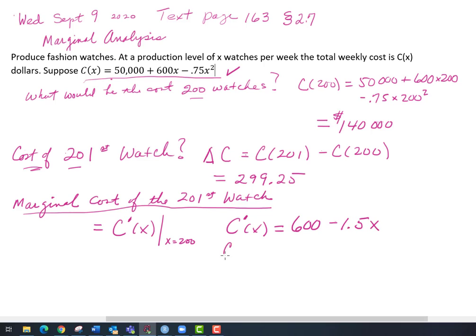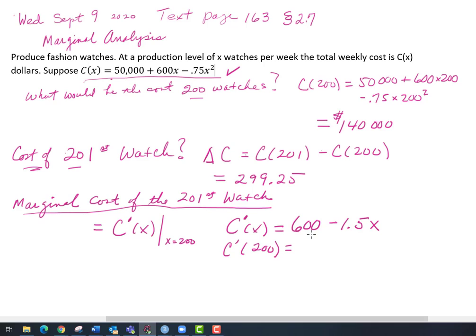1.5x, so that c prime of 200, the marginal cost for the 201st watch, or this would tell me how fast cost is increasing when I'm producing 200 watches.